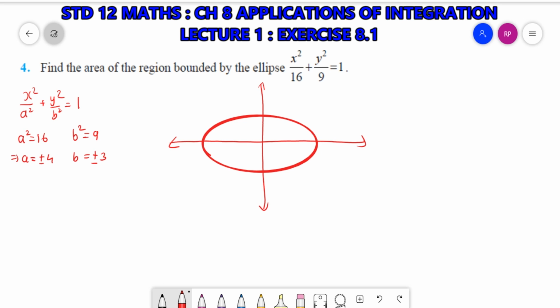So the vertex will be equal to 4, 0, minus 4, 0. And this will be 0, 3, 0, minus 3. Okay. Now see, ellipse is symmetric.